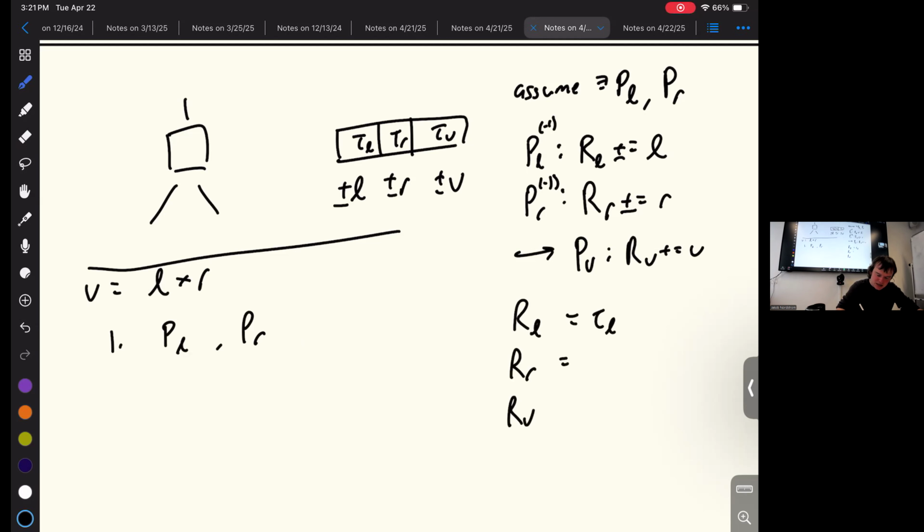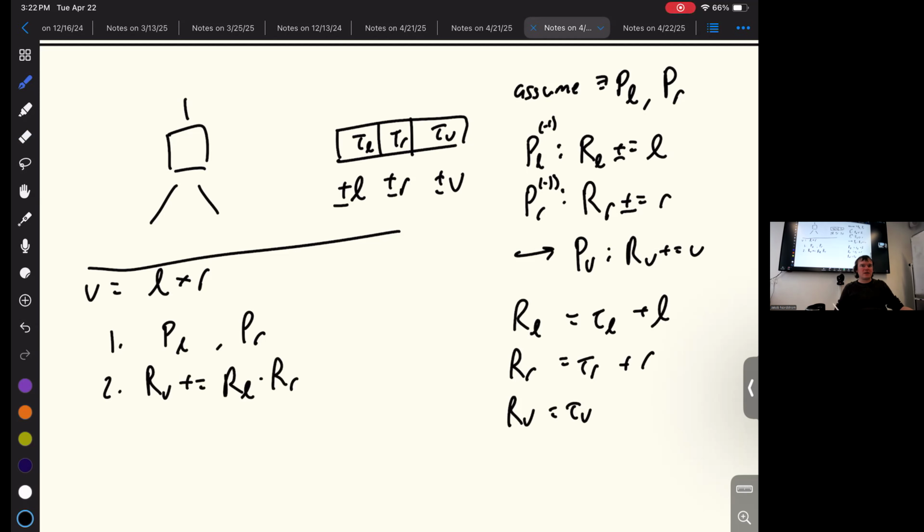So they start off as tau L, tau R, and tau V. This adds the value L, this adds the value R, and then I'm just going to add their product. I have to get the product somehow, so let's just do it.